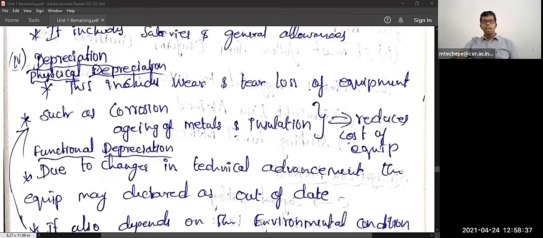If you take a hydro power station, that shaft will always be running, no? So the shaft will be getting wear and tear loss. You need to replace that shaft once in a month, like that. And the runner needs frequent maintenance, once in 15 days.